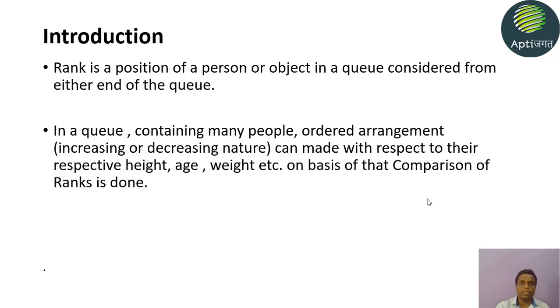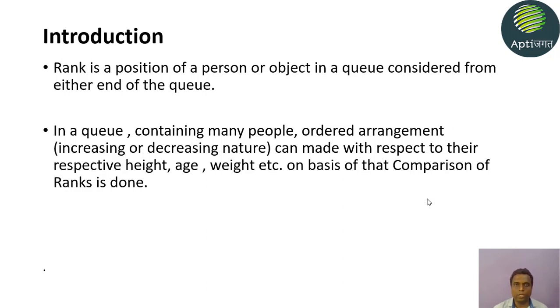So now let's see what is ordered arrangement. We can classify people on the basis of their heights, ages, weights. After classification of people based on their attributes, we can make their ordered arrangement. If we classify on the basis of height, we can make them stand height wise.